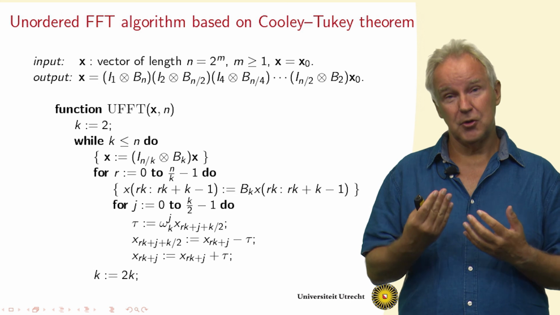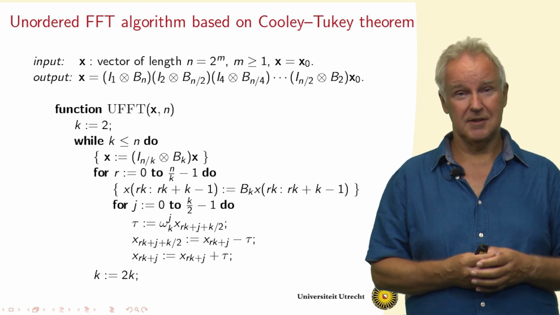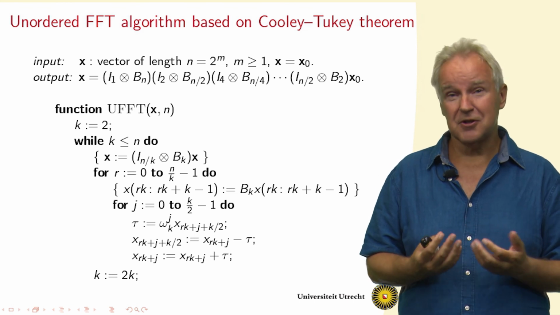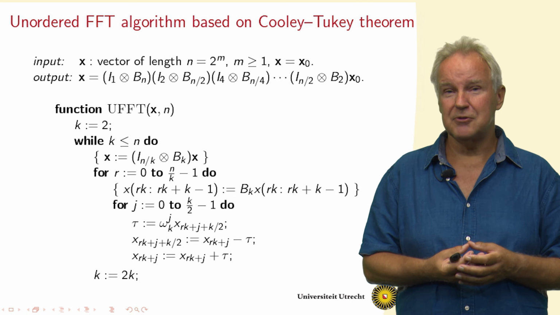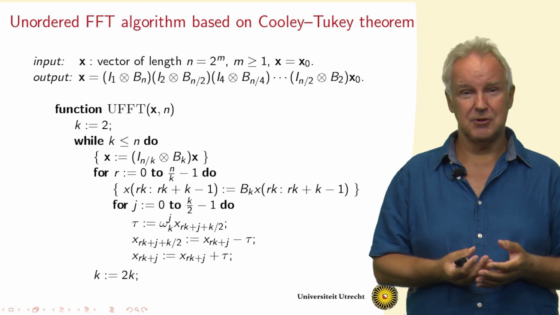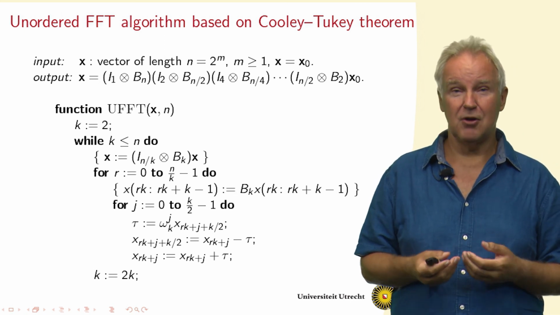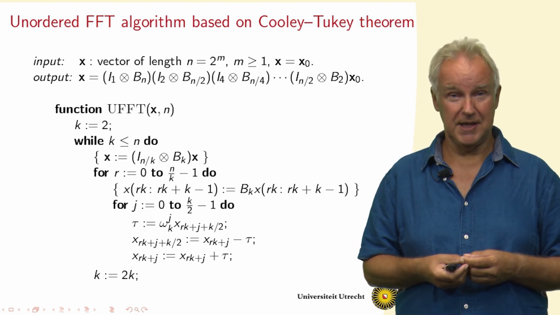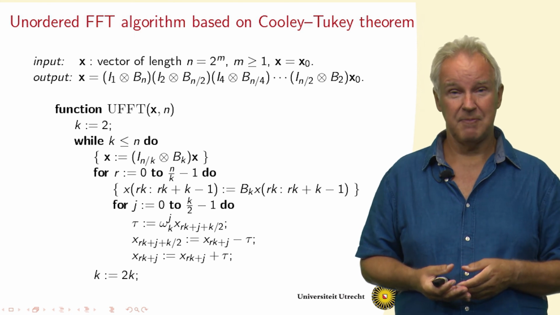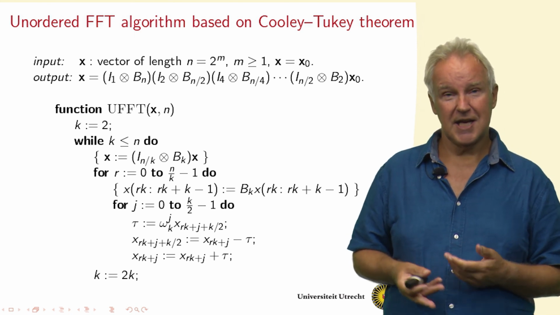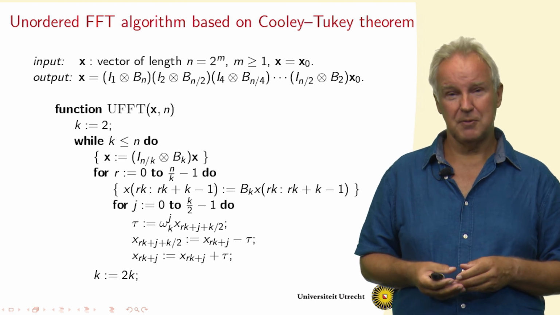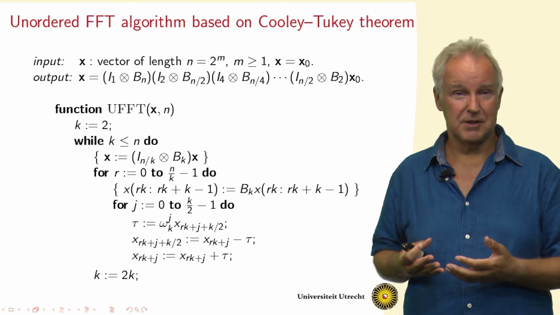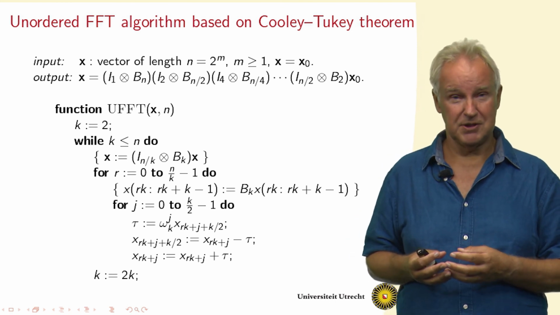And then, using this theorem, we can define an algorithm which is non-recursive because it doesn't call itself. And what's in the algorithm? Well, you start with k equals 2. You perform n over 2 copies of the butterfly matrix B2, multiplying this with x. And then each time you run through the main loop, you multiply k by 2 because you're doing bigger butterfly matrices, but fewer copies of them.